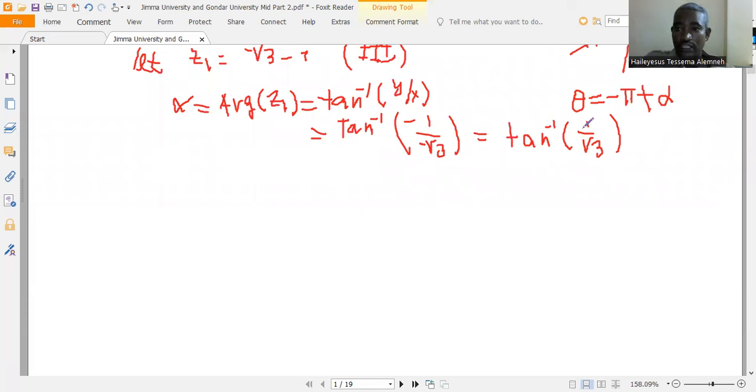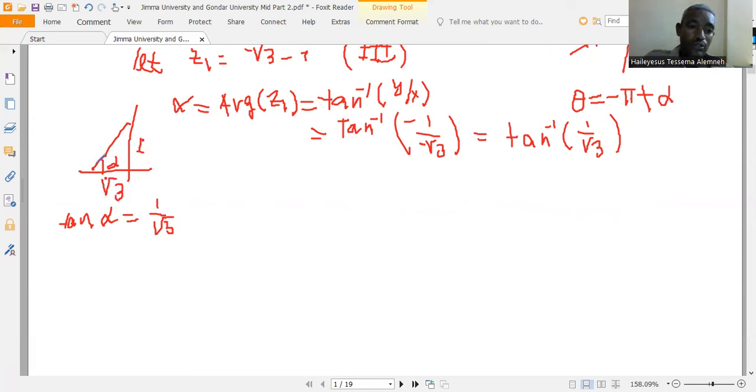To find this angle we may have some difficulty, so let's use the Pythagorean theorem. Tan alpha is equal to 1 over radical 3, which is opposite over adjacent. So the opposite is 1, the adjacent is radical 3, and the hypotenuse is the square root of 1 squared plus radical 3 squared, which is the square root of 4, which is 2.